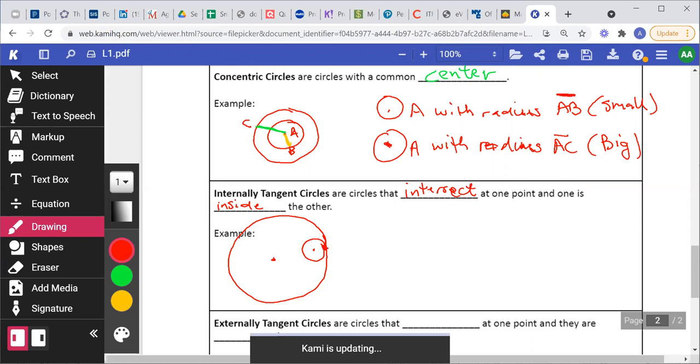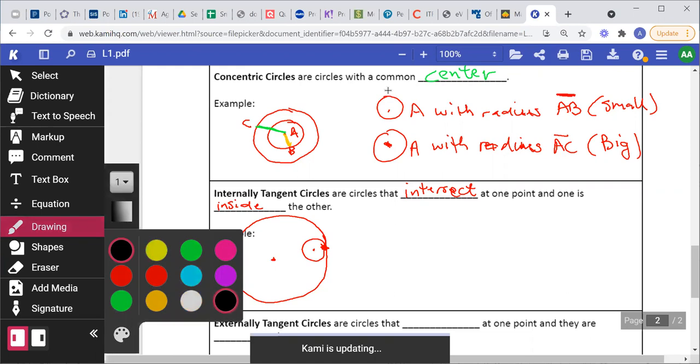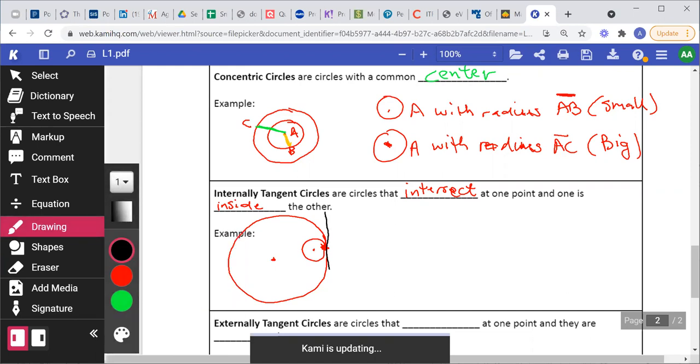Since they touch at one point here, that means you can draw a tangent line here. The point of tangency is this black dot here. So here we have internally tangent circles. One circle is inside the other and they touch at exactly one point. So they are internally tangent.